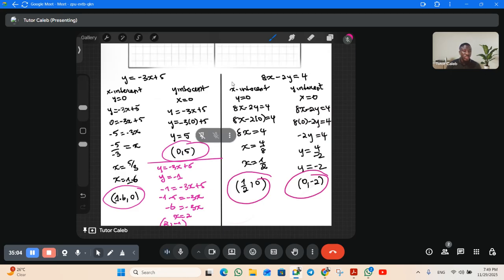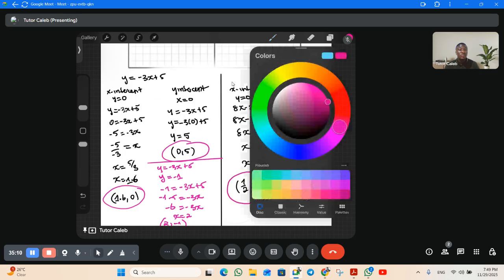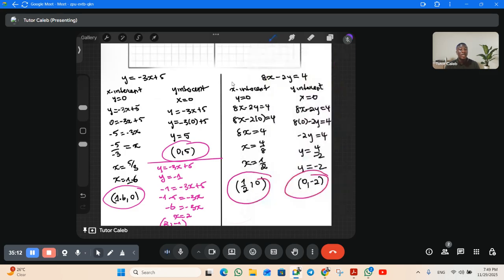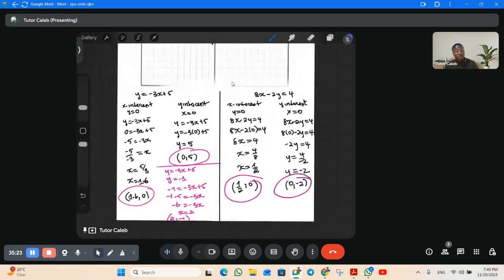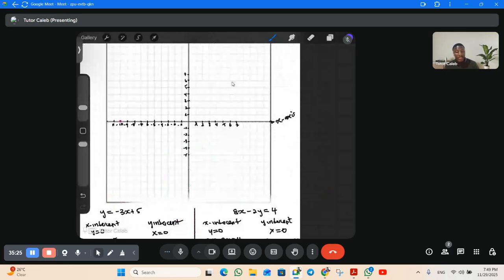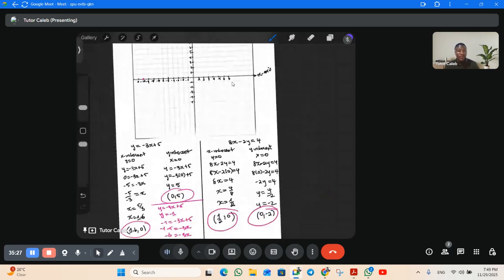So what we'll do is plot the first line. I'll plot the first line in purple, and the second line in another color so we can distinguish. I'll plot the x-intercept, which is 1.6 and 0.